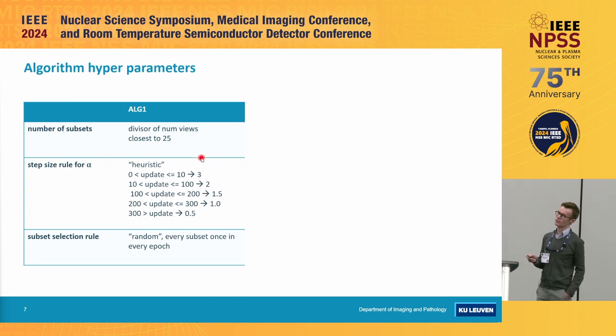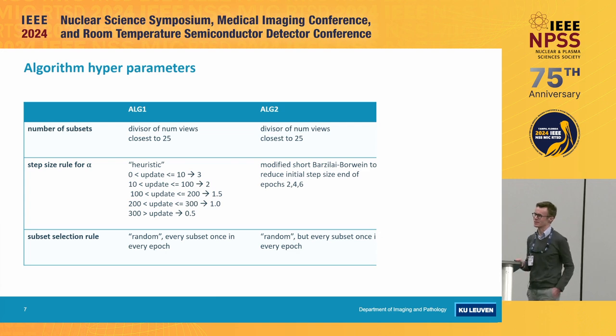In the first naive version, we have a hard-coded step size rule. In the beginning, we're a bit greedy. We say, in the first 10 updates, use a step size of 3, then we decrease it to 2, 1.5, and in the end, we want to be safe, so we use 0.5. I think even if you don't go to 0.5, you still get convergence, but it's just to make sure that, if we have a weird unseen data set, we decrease the step size, right?